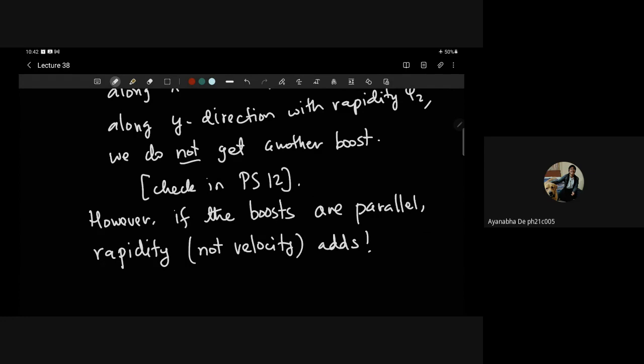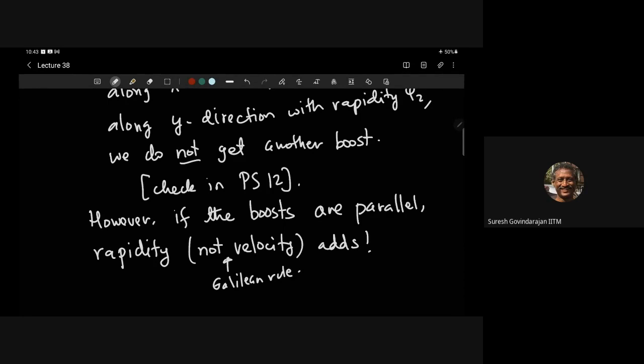So if you do a Lorentz boost along x with phi 1, then follow it up with a Lorentz boost along x again with phi 2, that is equal to a Lorentz boost along x with rapidity phi 1 plus phi 2. This is non-Galilean. In the Galilean case, we would have said add the velocities, right? So this is not that.